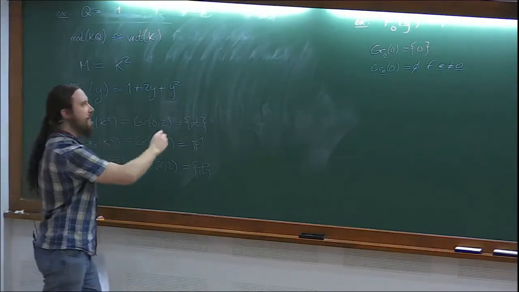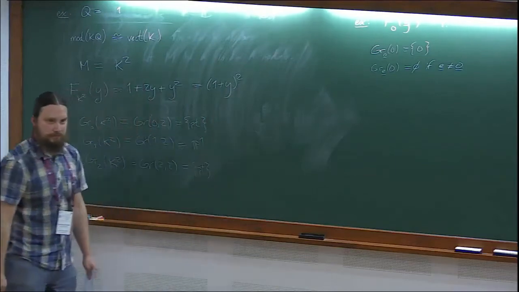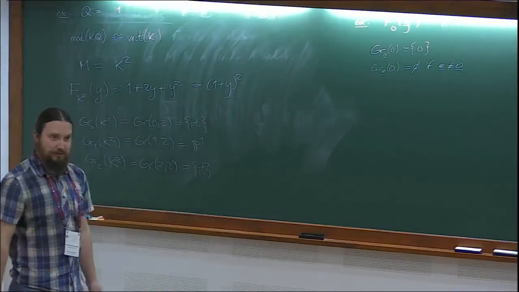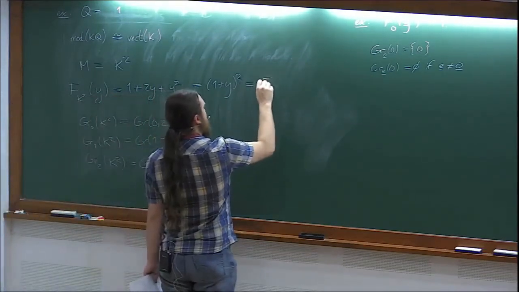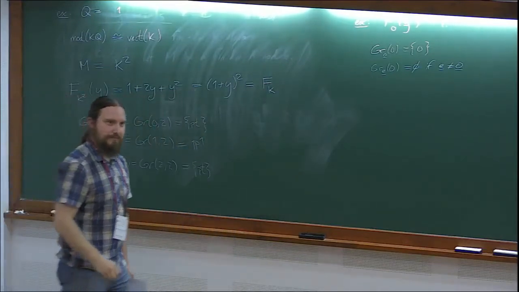And this, of course, is 1 plus y to the square. And 1 plus y is another F polynomial. It's the F polynomial of the vector space of dimension 1. Yes?